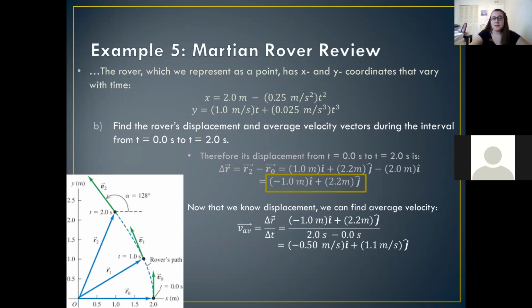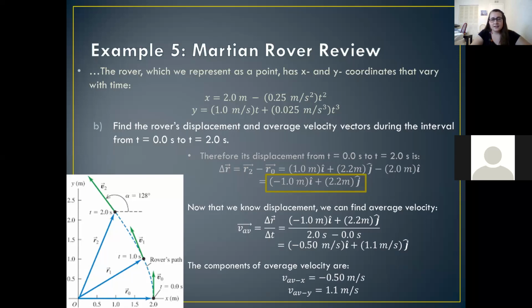Our displacement there was negative 1 meter in the i hat direction plus 2.2 meters in the j hat direction. And our time difference is just 2 minus 0, or 2. And so that gives us an average velocity of negative 0.5 meters per second i hat plus 1.1 meters per second j hat.